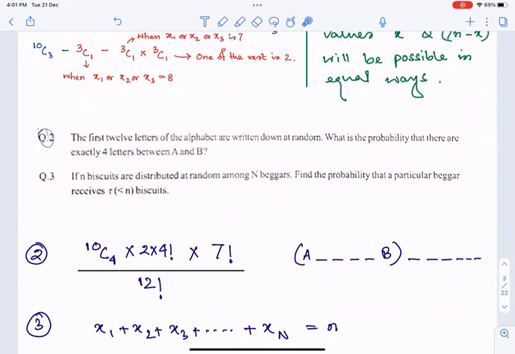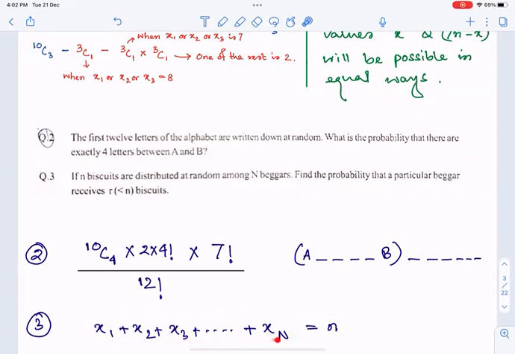And what do we prefer as our favorable case? That a particular beggar receives r biscuits, meaning one particular variable has value r. So if I remove that variable, how many variables will be there at the left hand side? Can anyone answer? From this capital N number of variables, if I remove a particular variable with value r, that reduces my left hand side to how many variables?